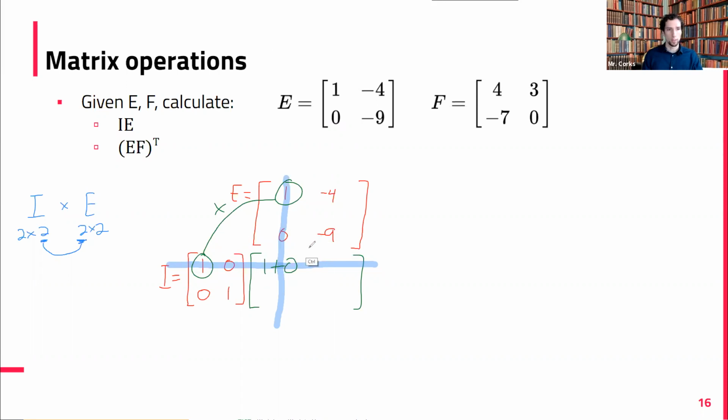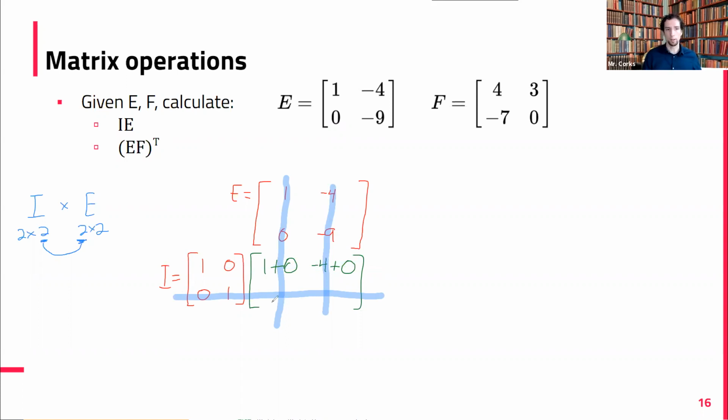Okay, let's erase. That's our next position here. What will we have? -4 plus 0. Okay, so -4 times 1, so -4 plus 0 times -9, that's just 0, so there. Okay, and we can move on to our second row here. Second row from the first matrix, again, times both columns.